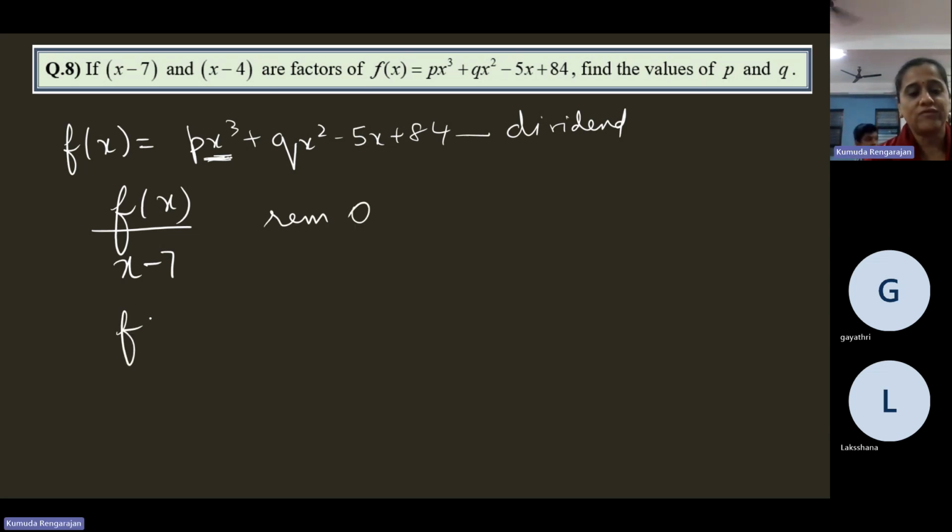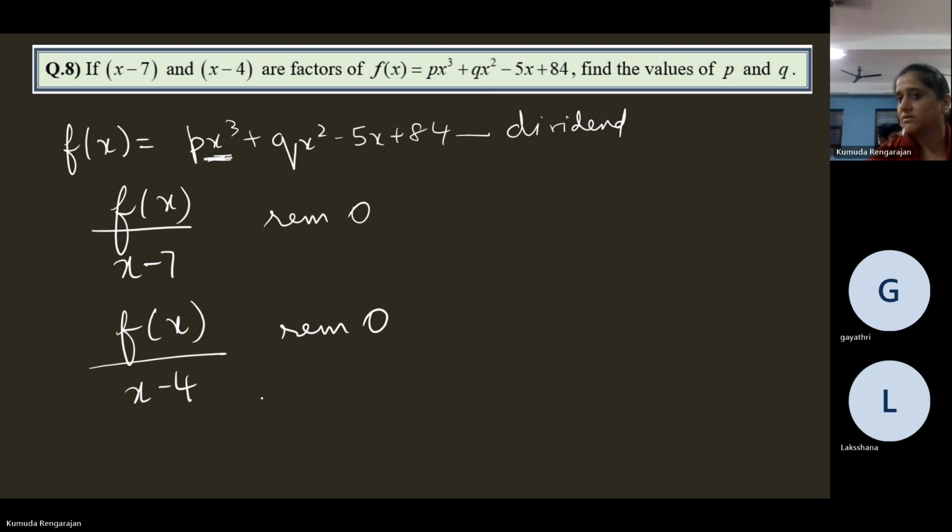And again, when f of x is divided by x minus 4, the remainder will be 0, because x minus 4 is also a factor. When you divide f of x by a factor, the remainder will be 0.